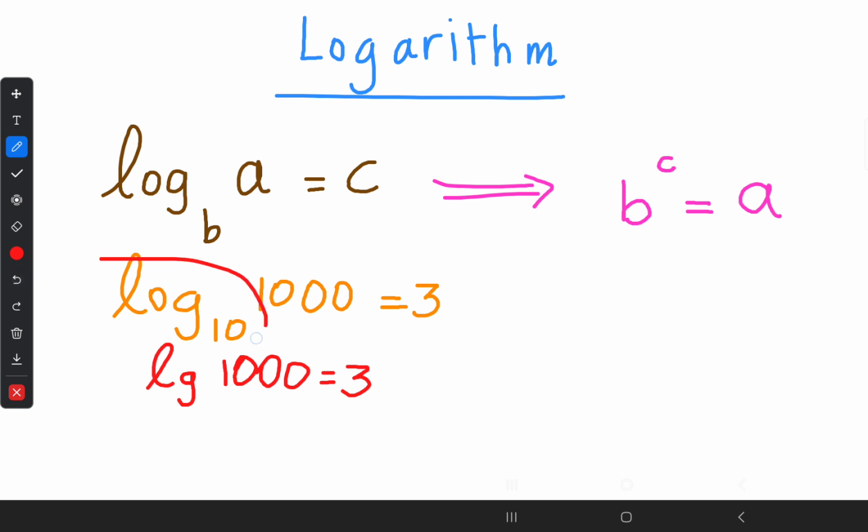So the index notation of this one would be the same: base 10, index 3, equals 1000. So don't bother about these things.